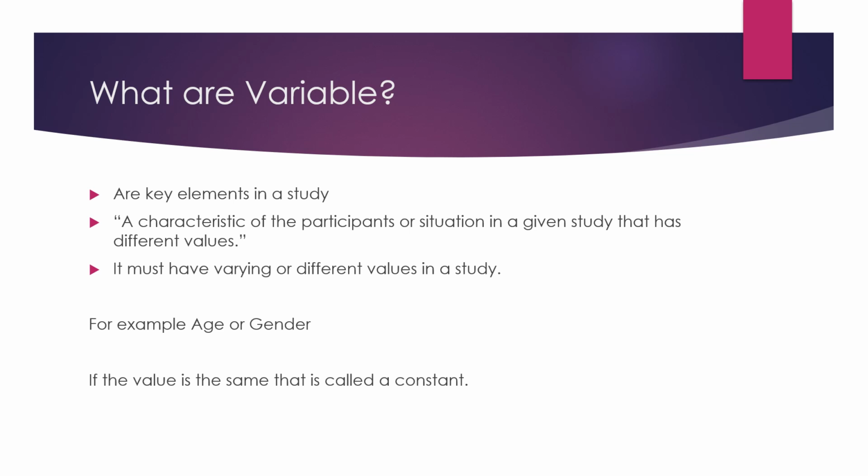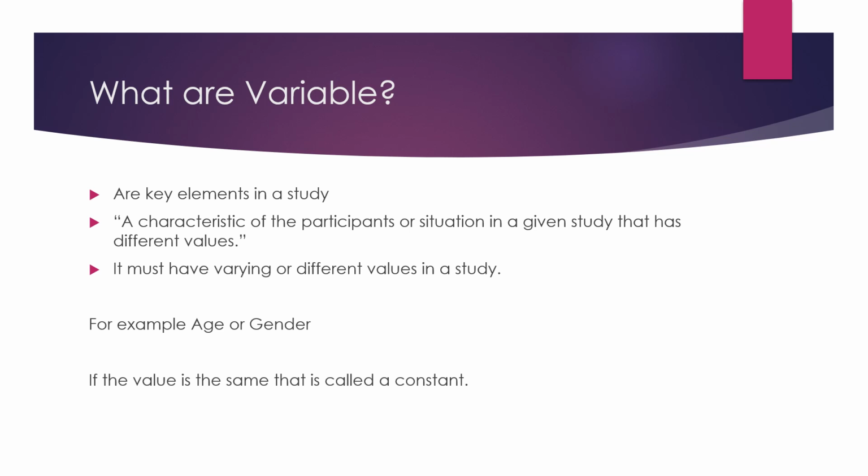So for example, age and gender. As far as age goes, you can be any age. So you can be 18, 20, 50, 60. Those are varying or different values of the variable age.